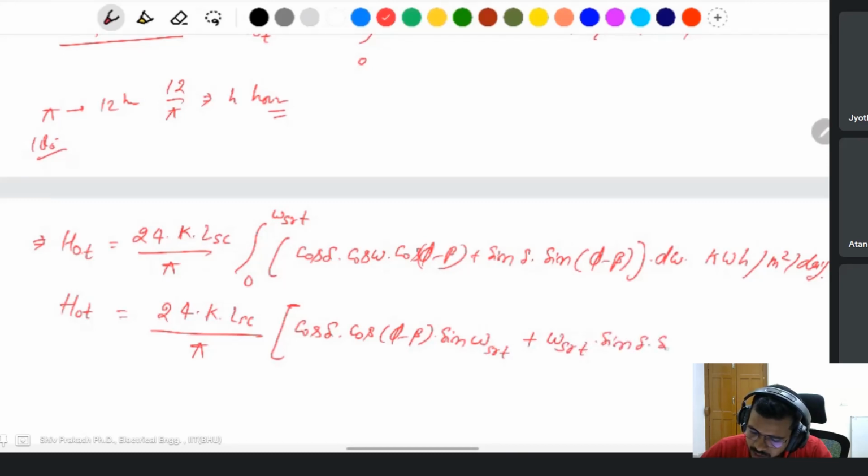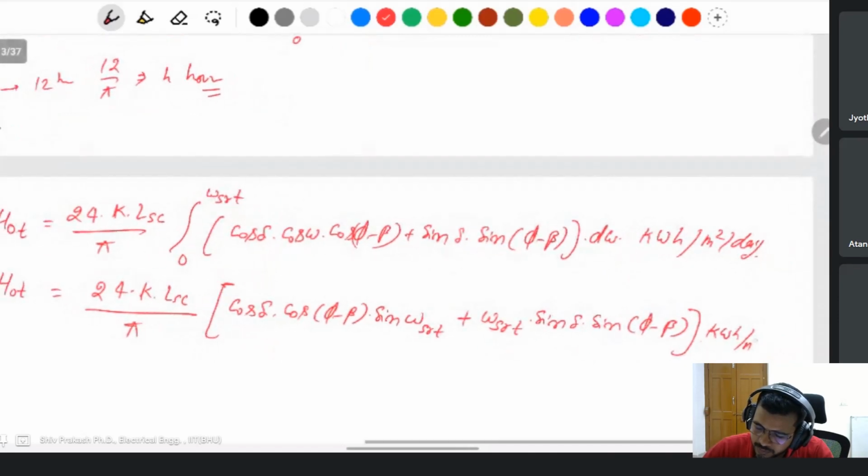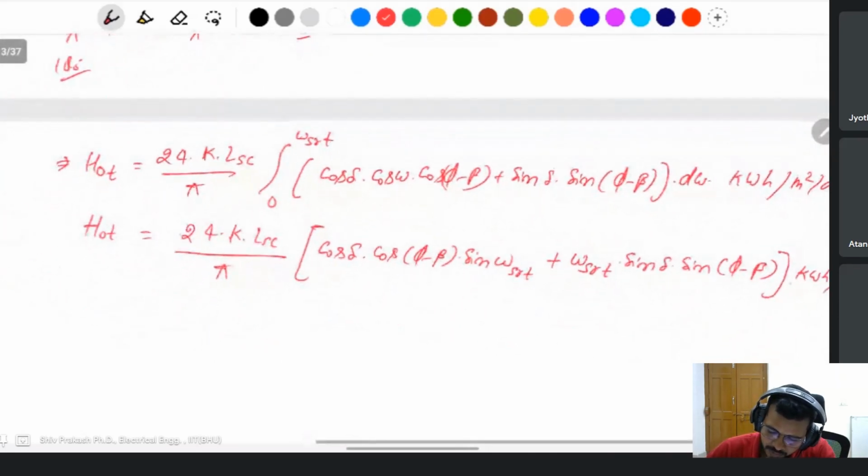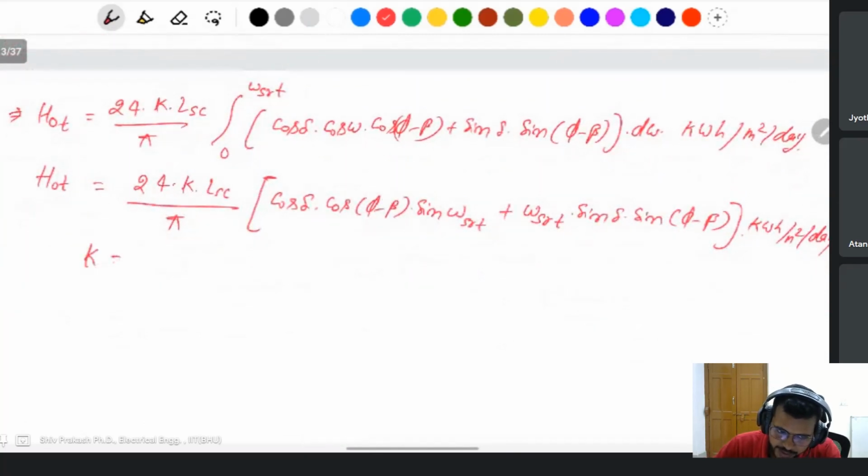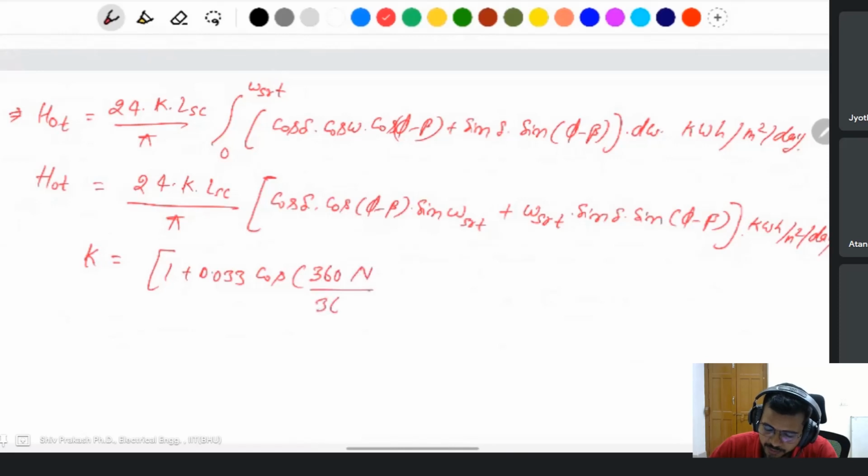Sine delta into sine, plus 0.003 cos 360 into n divided by 365.